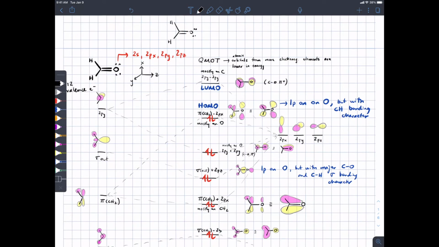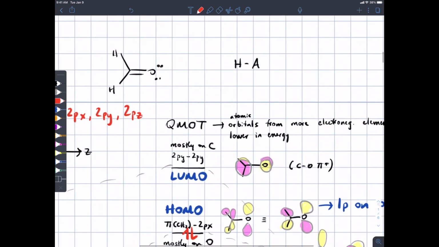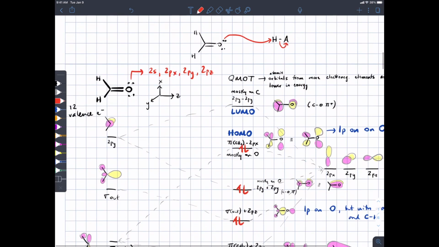So if you were to bring a strong acid into the presence of formaldehyde, rather than pointing your arrow from the pi bond to the acid like we did for ethylene, you would have the arrow go from a lone pair on oxygen to the hydrogen of the acid. You would protonate the oxygen first. Similarly, if you were going to have a nucleophile attack the carbonyl, it would do so by attacking the LUMO, which is mostly on the carbonyl carbon. So we would draw something like that.